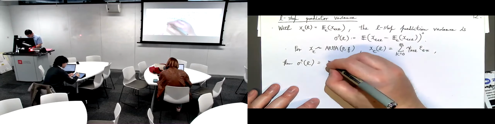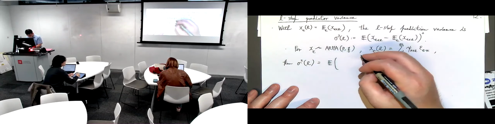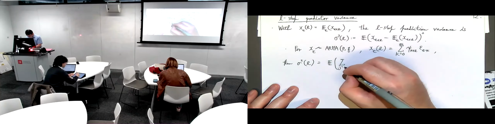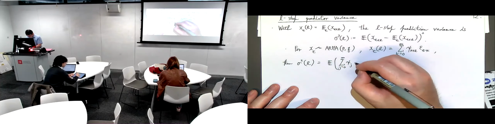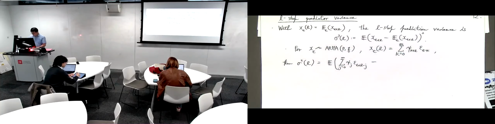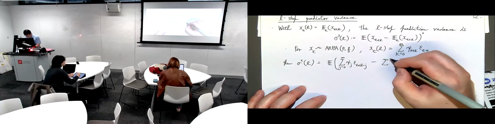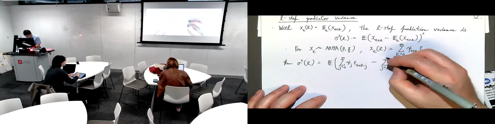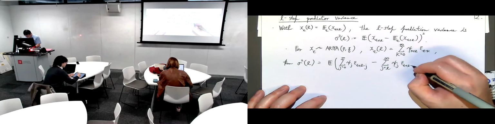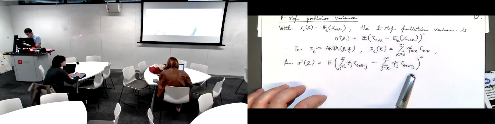It is this: x_{t+L}, which is the sum over j from 0 to infinity of psi_j epsilon_{t+L-j}, minus x_t bracket L, which is the sum from L to infinity of psi_j epsilon_{t+L-j}, right? So we just proved that. So these two are the same, okay?